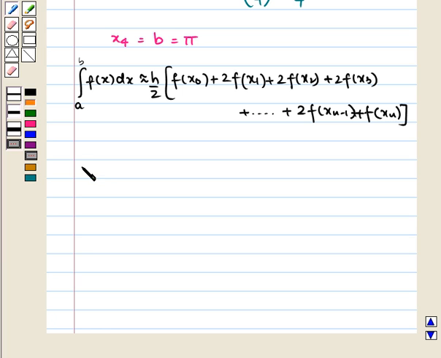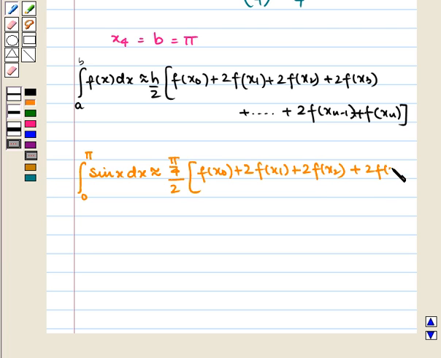So the integral from 0 to pi of sin x dx is approximately equal to pi by 4 upon 2 into f of x naught plus twice f of x1 plus twice f of x2 plus twice f of x3 plus f of x4.